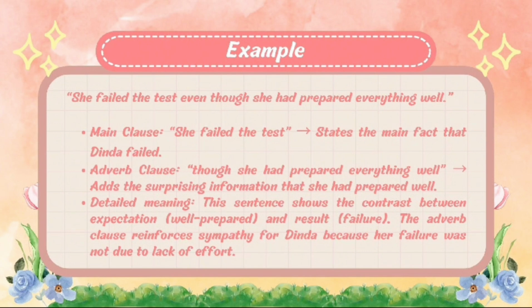This clause adds the surprising information that she had prepared well. This sentence shows the contrast between the expectation of being well prepared and the result of failure. The adverb clause reinforces sympathy for Dinda because her failure was not due to lack of effort.